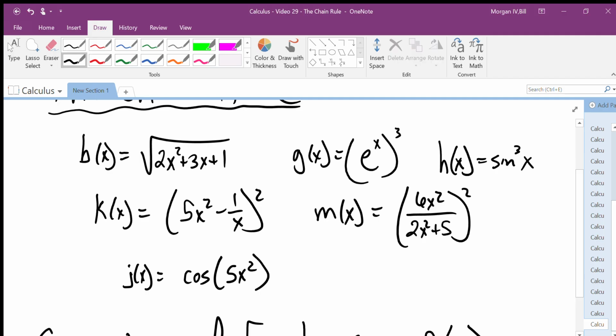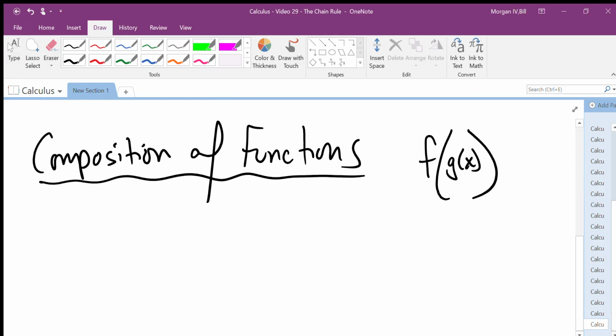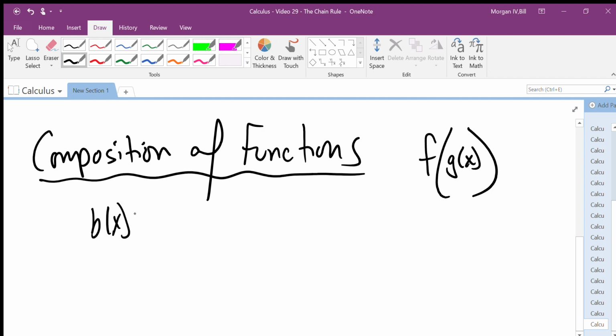B of x is equal to the square root of 2x squared plus 3x plus 1. We have an inside function, 2x squared plus 3x plus 1, and an outside function, square root of x.